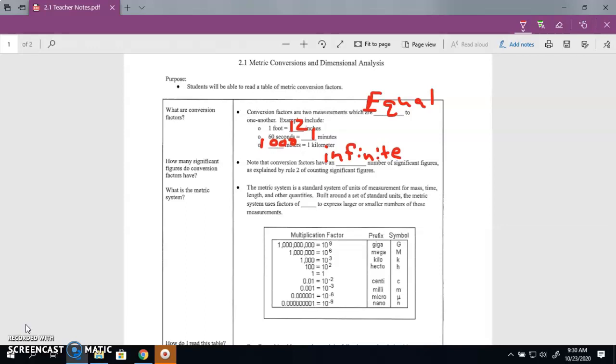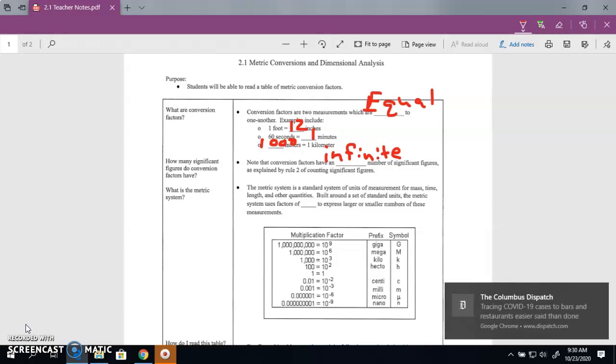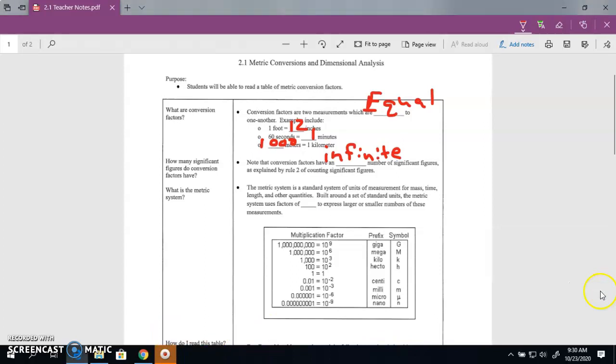So remember, when you're counting significant figures, Rule 1 is that all non-zero digits are significant. Rule 2 is about counting operations and so-called exact numbers that have an infinite number of significant figures. And then Rule number 3 is about zeros, and you got to stop and classify the zeros as either beginning, middle, or ending zeros to figure out whether it's significant or not.